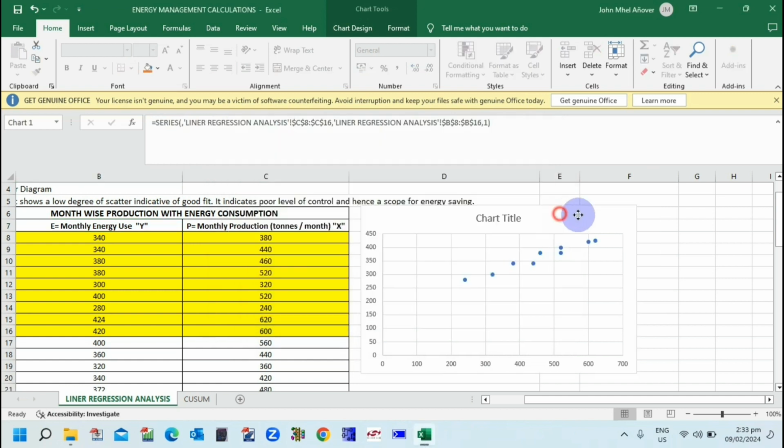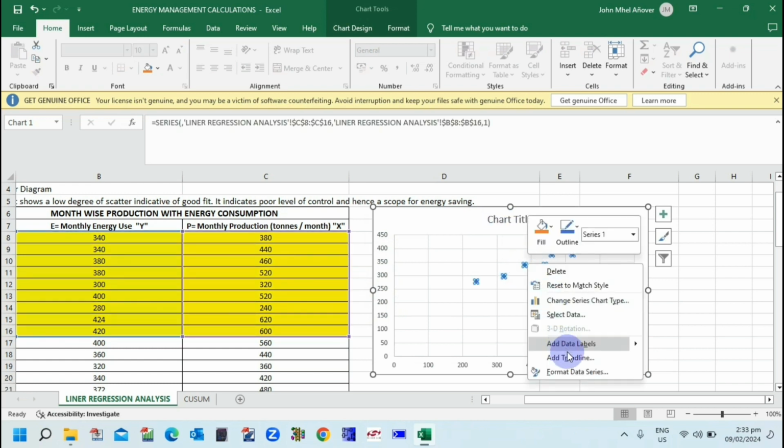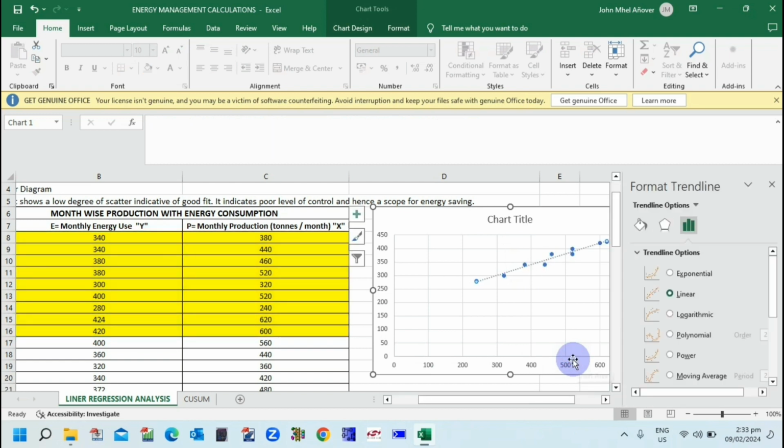Then okay. So the x-axis will be the monthly production in tons per month, and the y-axis will be the monthly energy usage. To put a trend line, add a trend line, linear trend line.